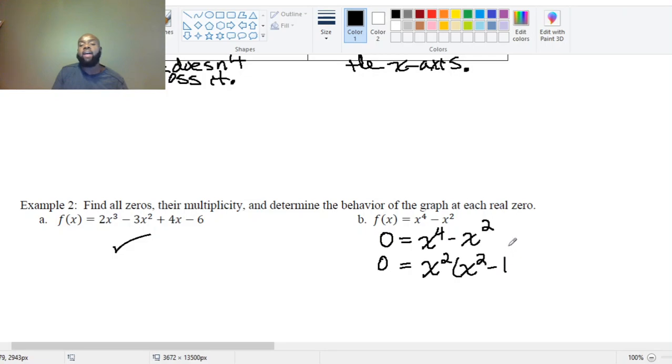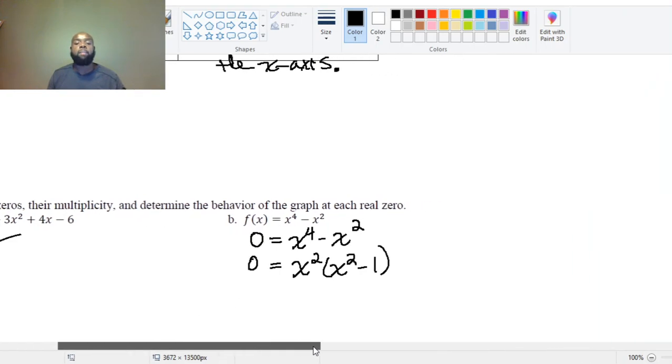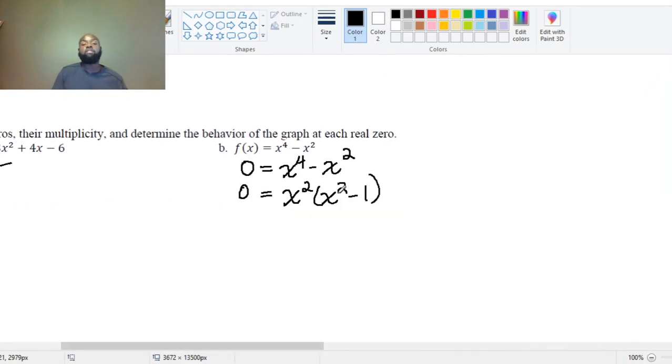All right, I factor out an x squared. And what I'm going to do here, there are two ways that I can do this. I'm actually not going to factor any further. You can factor further, and I'll come back and show you that possibly. But I have a product of two things and they equal 0, right? So I can set both of them equal to 0 and I can solve for x.